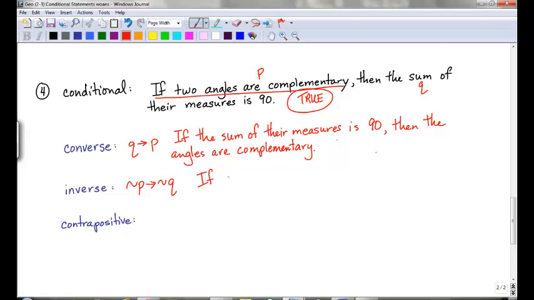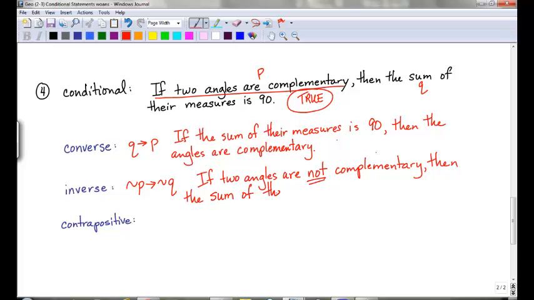So if two angles are not complementary, then the sum of their measures is not 90.